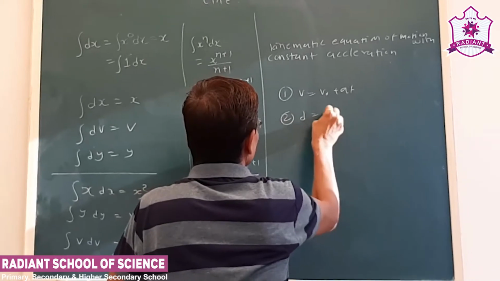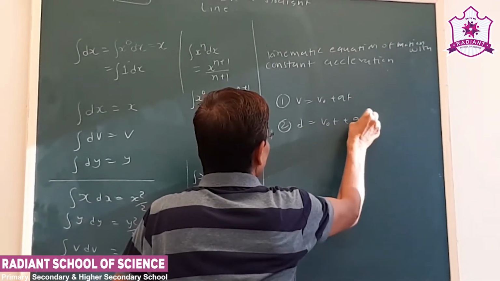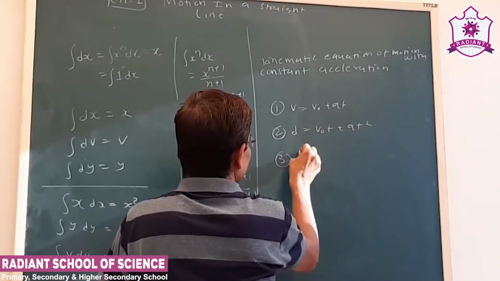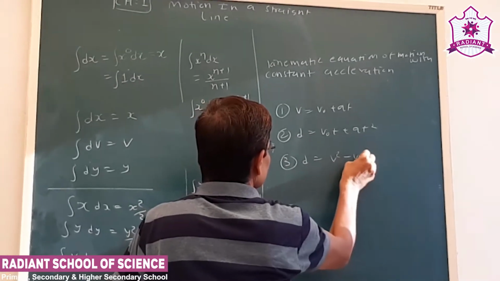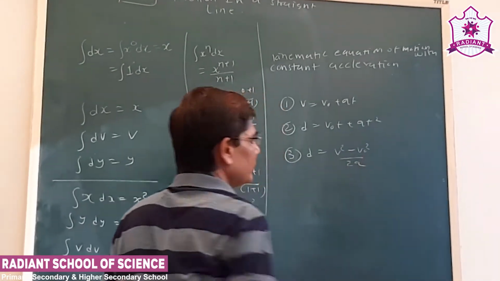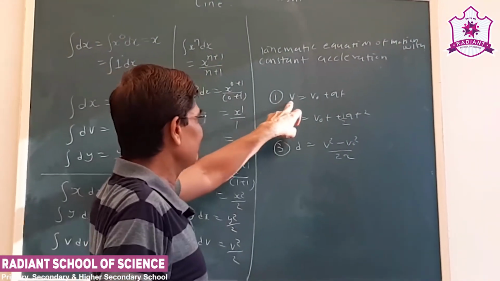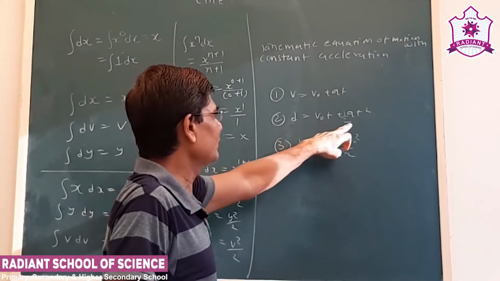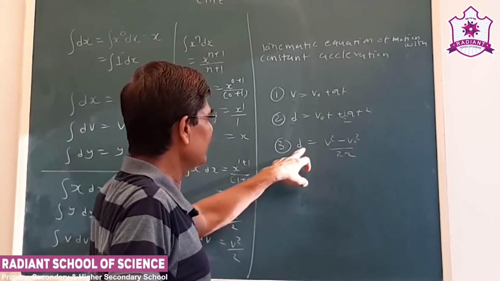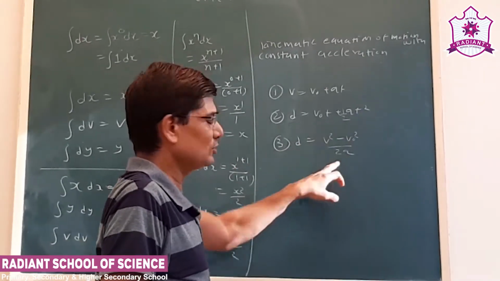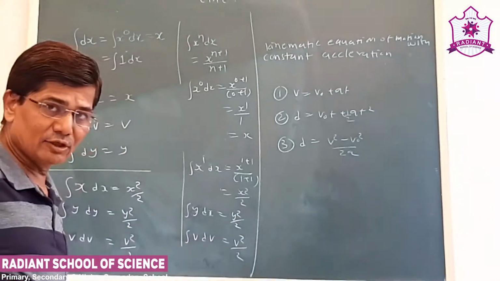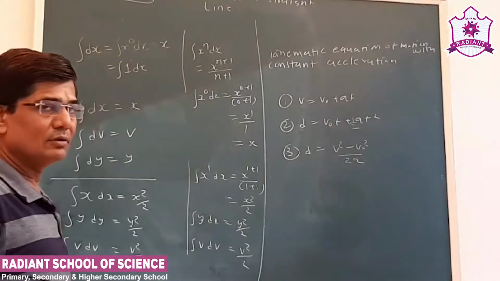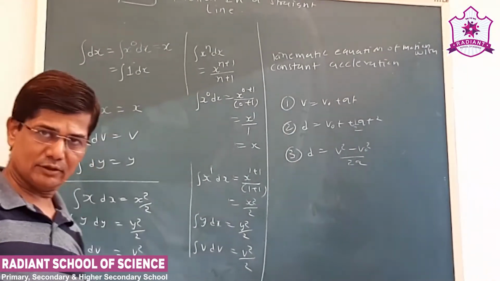The second is d is equal to v0 t plus half at square, and the third is d is equal to v square minus v0 square. Now we have to derive the same equations by taking the help of calculus.